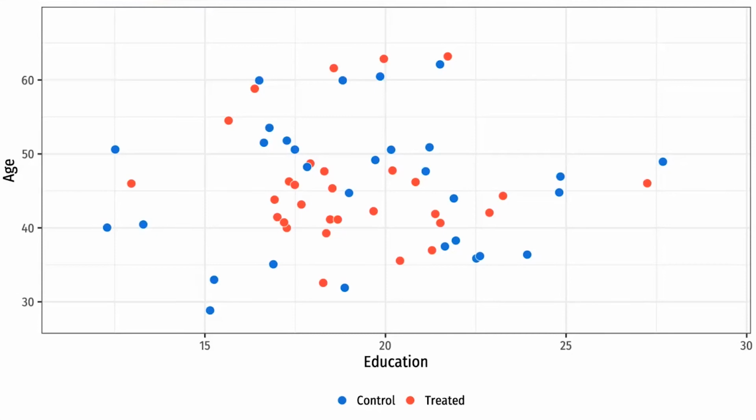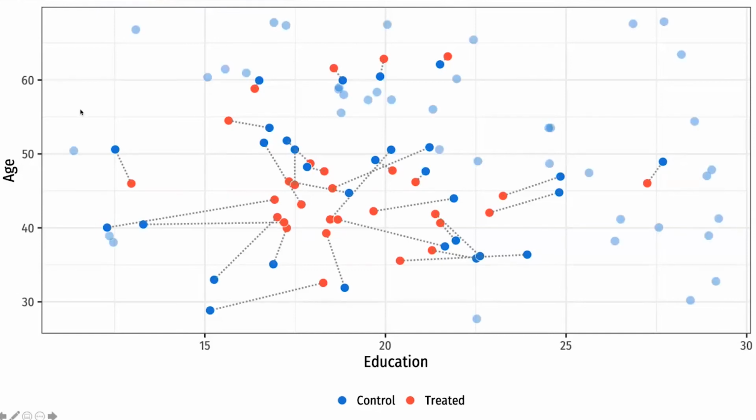It'll throw away some stuff, but it'll also try to pair every treated person with an untreated person. You can also change it so it doesn't do a 1-to-1 match. In this situation, this is 1-to-1. But you can also have many to one. So you can say this red dot is close to that person and it's also close to that person, so keep both of those blue dots. It just depends on what you tell R to do or what you tell Stata to do.